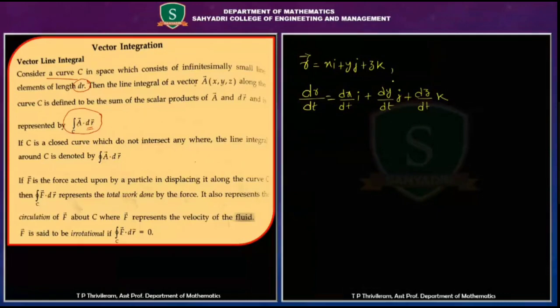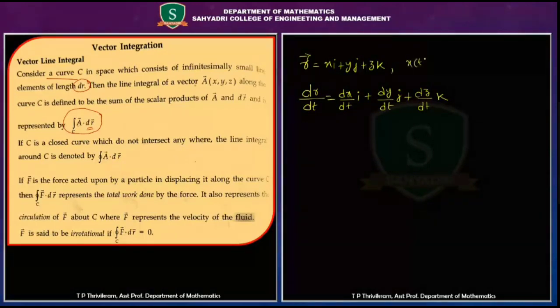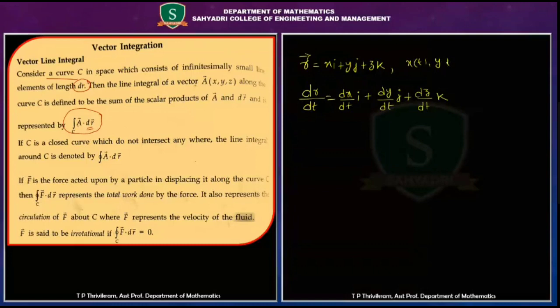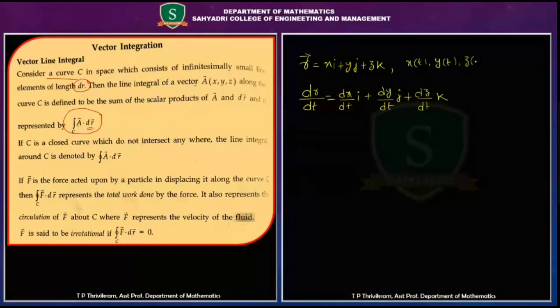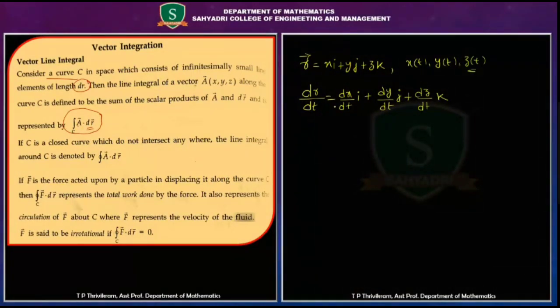So here you have to remember that x is a function of t, y is a function of t, and z is a function of t. So then only you can differentiate like this.